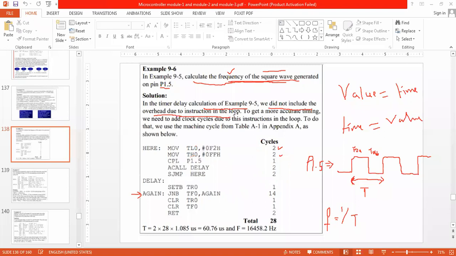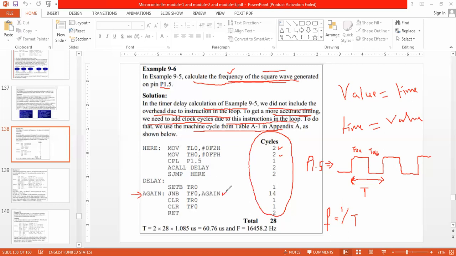Instructions in the loop to get more accurate timing. To get more accurate timing of one clock cycle, we need to add clock cycles due to these instructions in the loop. To do that, we use the machine cycles from table A1 of appendix A. Now, if we require accurate time period, then we have to add the whole program's machine cycles.